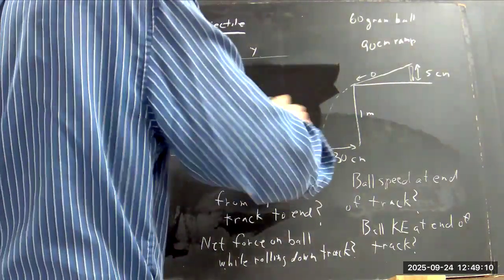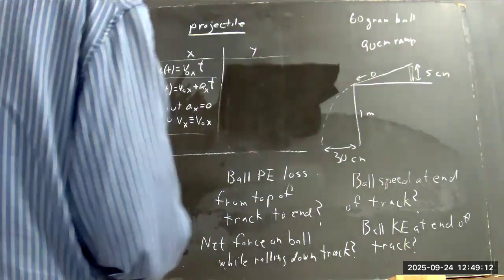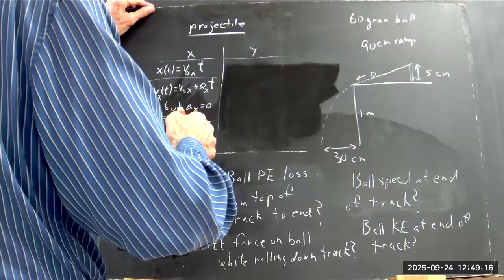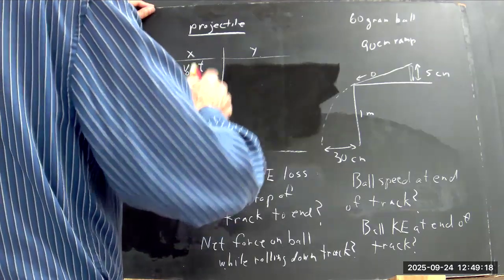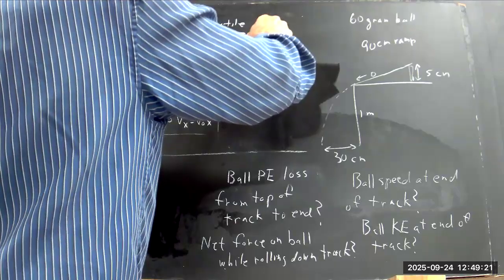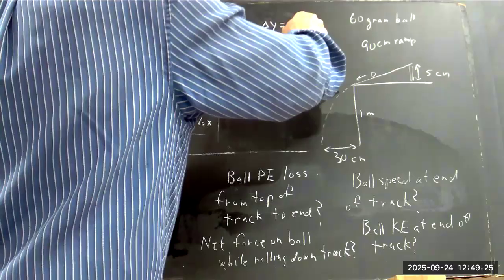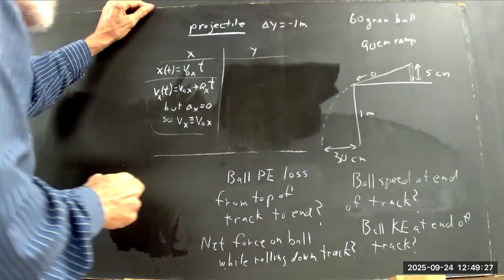And I apologize for that, but we're looking at an interval here. So what we know is delta y equals -1 meter.